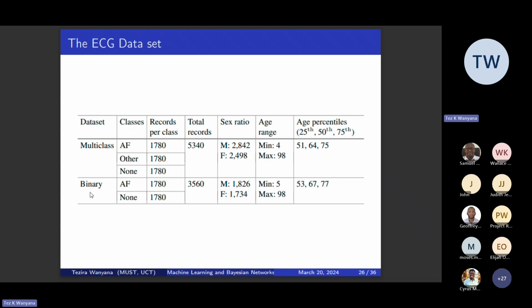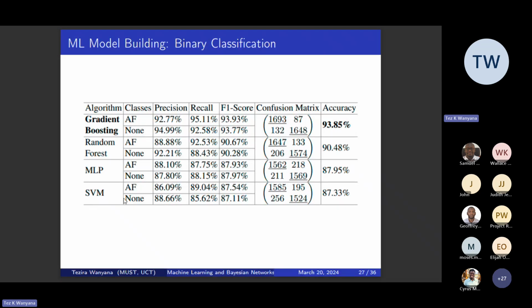We did both multi-class and binary classification. And instead of doing logistic regression, we did gradient boosting, random forest, MLP, and SVM.